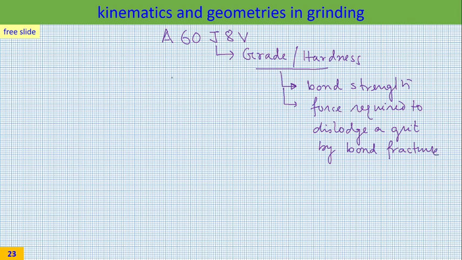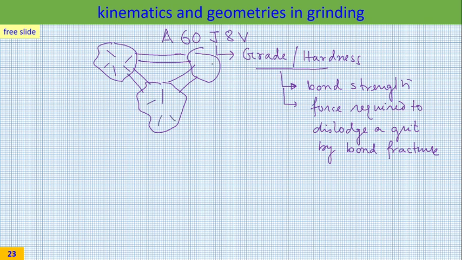So if this is a grit, this is another grit, this is another grit, we have already discussed that they are connected by this bond post, particularly if they are vitrified bonded. And what is related to hardness?